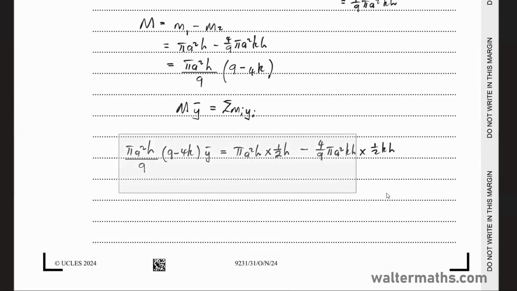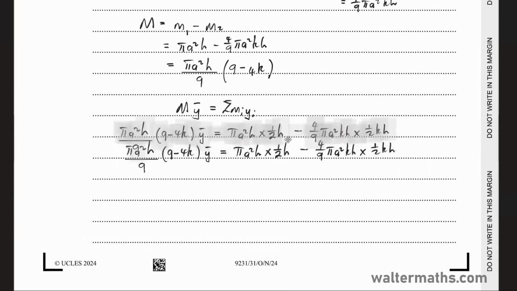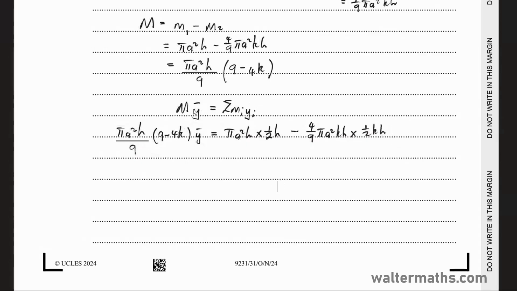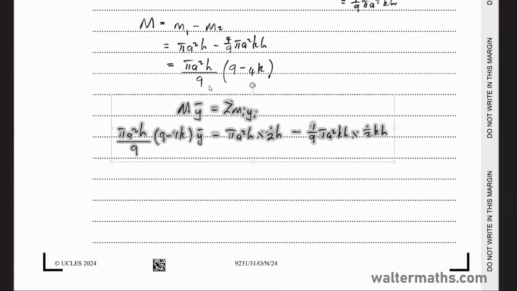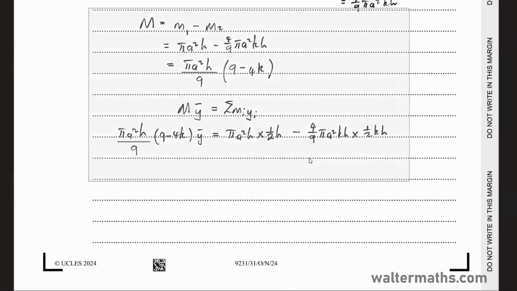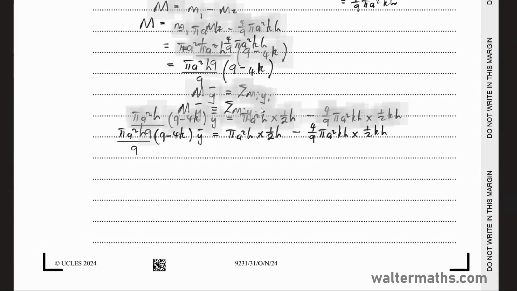So let's just save on space because it seems space is running out and we still have a few more things to talk about. Let me just move this up a little.